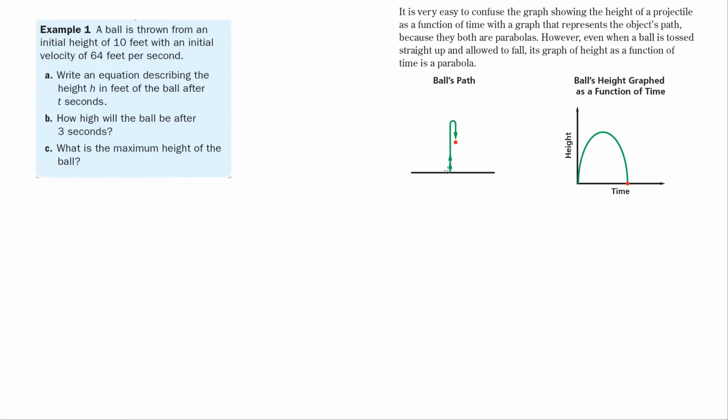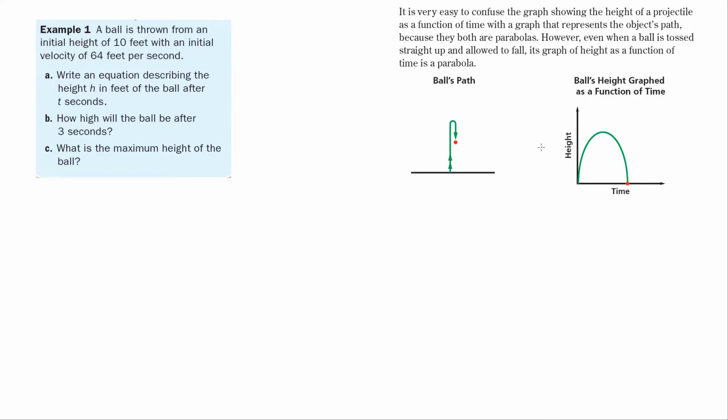It'll go up for a certain time and it'll come down taking the same amount of time, and it'll come back to wherever it lands. If it started at a greater height, it may not land at the same height it started from. So I just put this up here. I wanted to make sure that was clear.